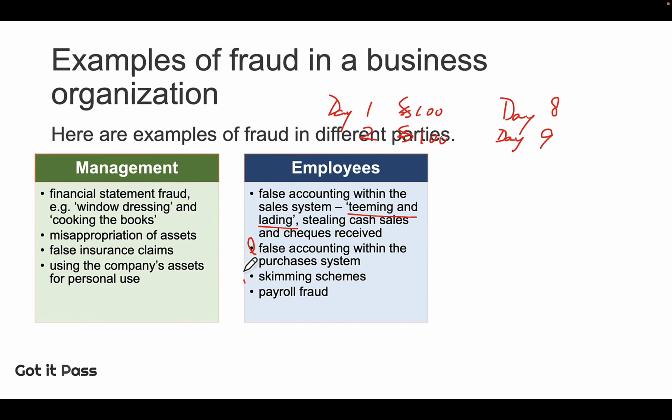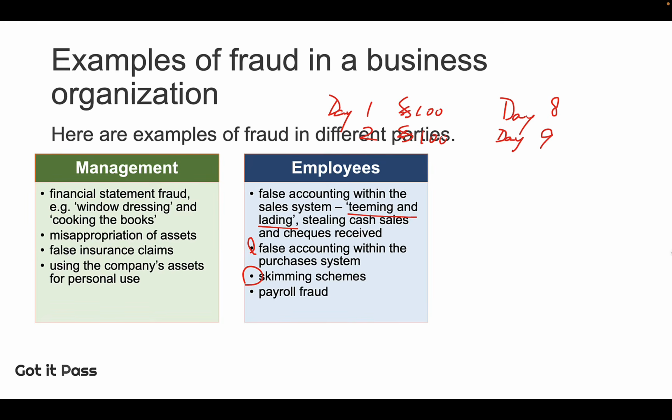Third, skimming schemes. Skimming schemes is where the fraudster diverts small amounts from a large number of transactions, believing that no one will bother to investigate the small differences individually, although in aggregate they can total a worthwhile sum.